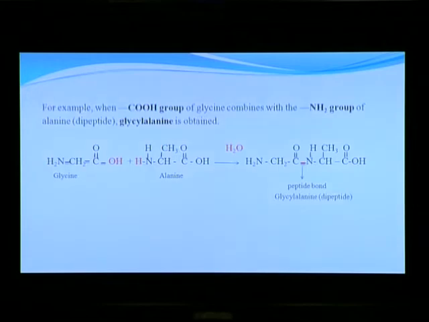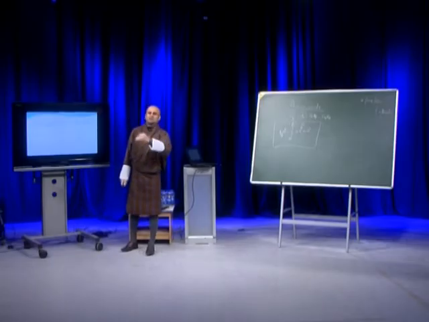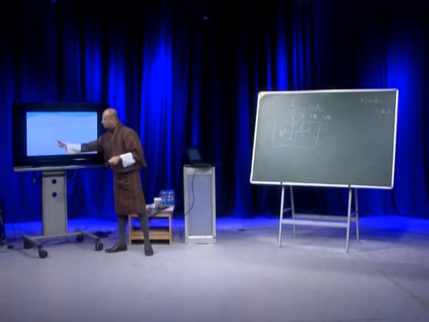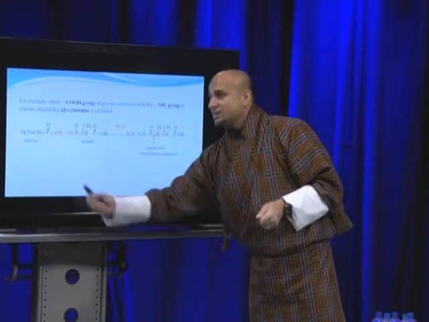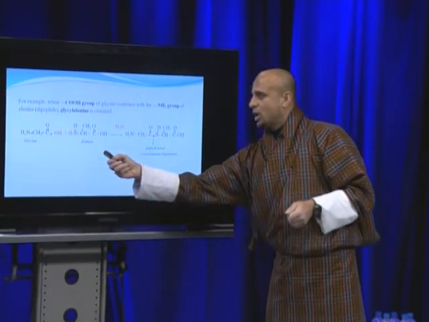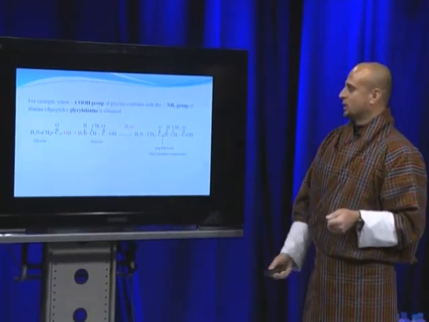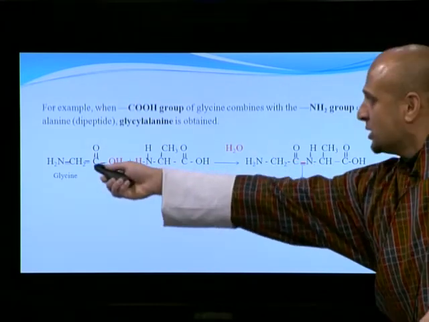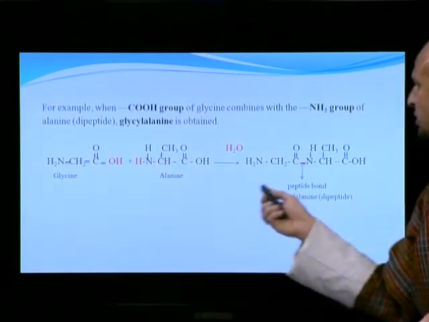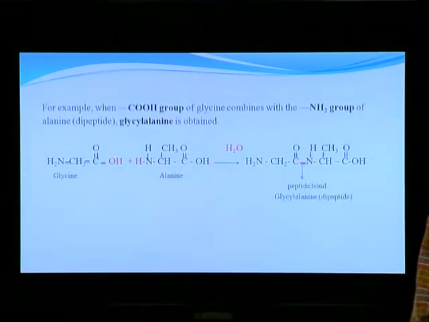Now, peptide bond formation is a condensation reaction whereby a molecule of water is lost. So from the carboxyl side OH will come out, and from the amine side H, they combine together to form water, resulting in the formation of a bond directly from carbon to nitrogen, and that bond is called the peptide bond.